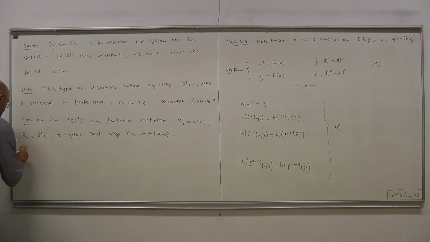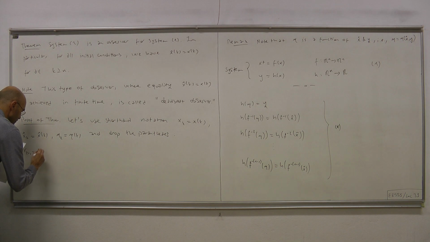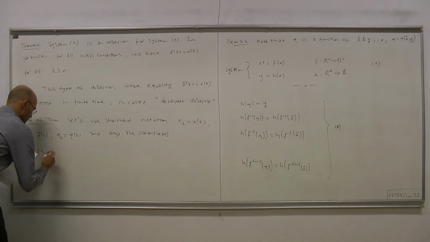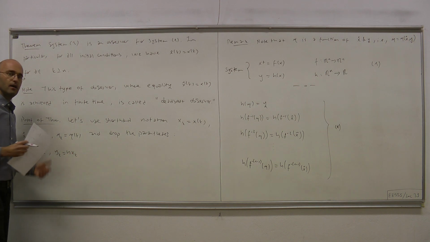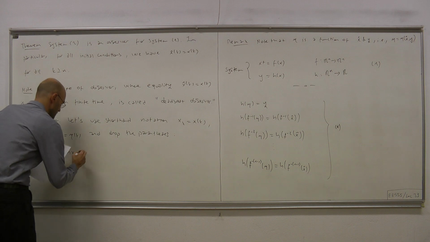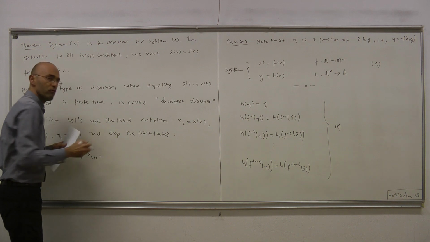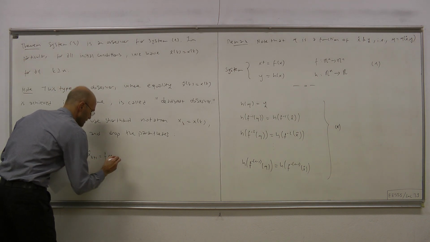And write x k plus 1 equals, instead of f in parentheses x of k, just write f x sub k. Okay. And y k equals h x sub k, and x hat k plus 1 is f of eta, and we write that as f eta sub k.